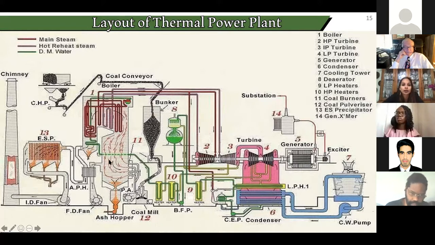When it gets burned, it releases a lot of emissions, which go from the air preheater to the ESP, which is an electrostatic precipitator, and then through the ID fan, which is the induced draft fan, through the chimney, which is 275 meters high, maybe a 75-story building, and to the air.